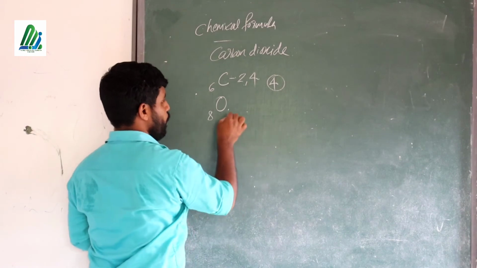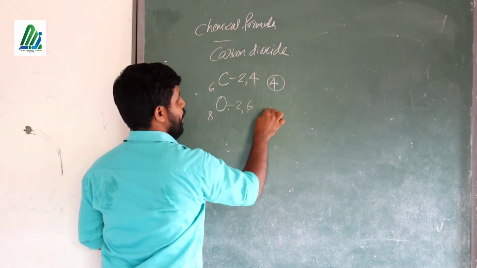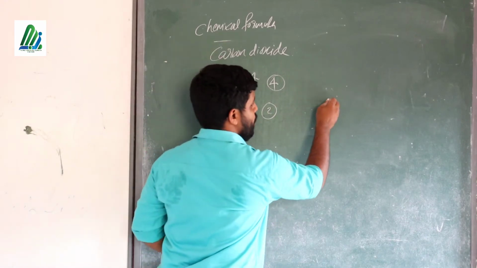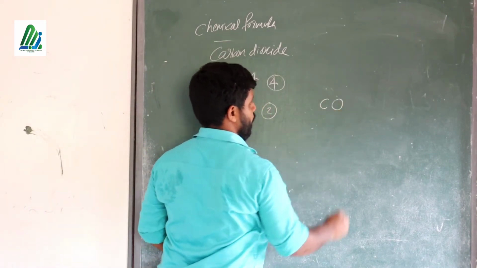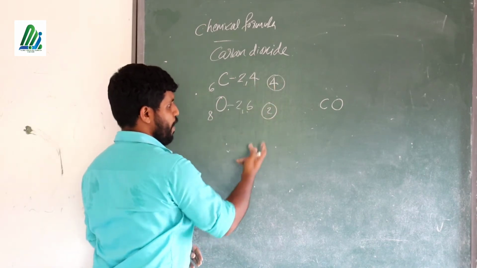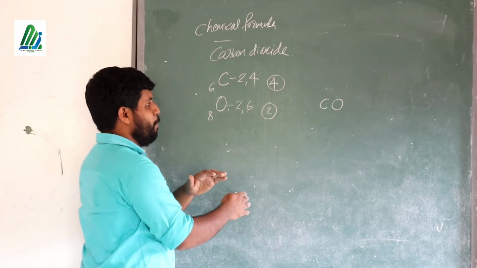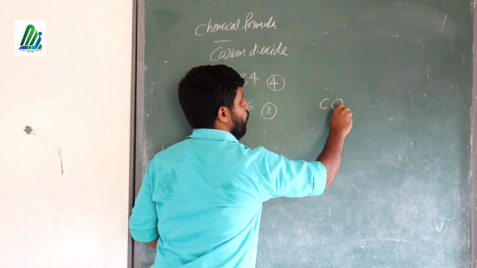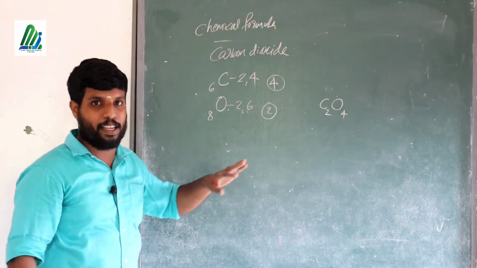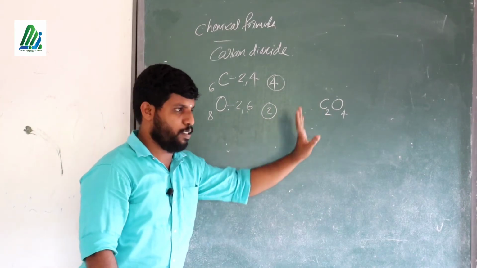Oxygen is 2,6, so its valency is 2. Carbon is less electronegative, so it is written first, then oxygen. Then interchange the valencies: carbon 4, oxygen 2. After interchanging, oxygen gets 4 and carbon gets 2. If it is 1, there is no need to write it; if it is 2, write it.